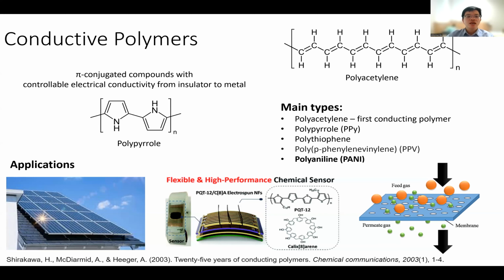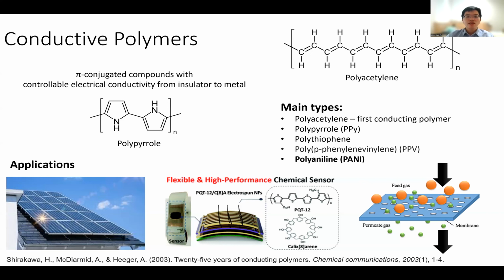These polymers see applications in many areas, including photovoltaic cell, chemical sensor, storage battery, and membrane gas separation. The main types of conductive polymers are polyacetylene, the first conducting polymer.